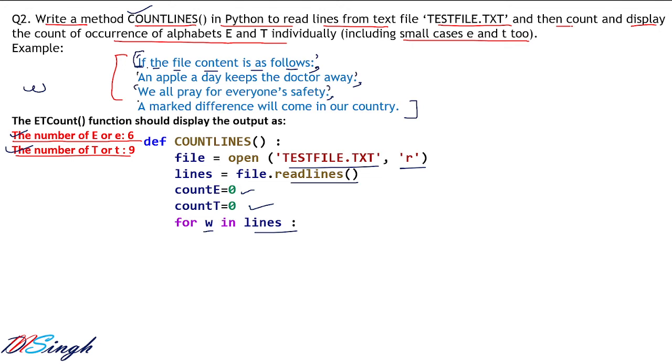So what we are trying to do is iterate over or traverse the content of the file line by line. Here W will have the first line available in it.